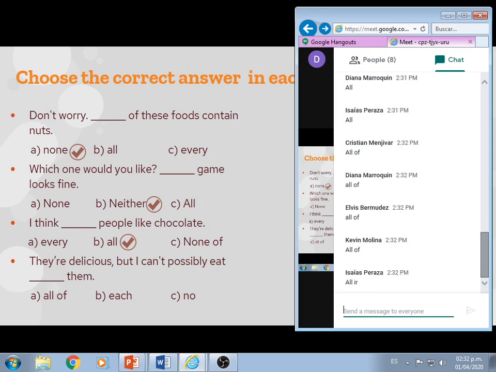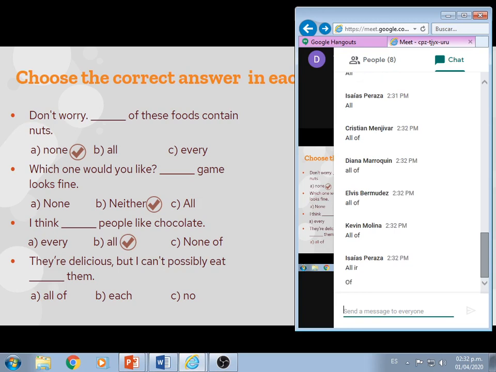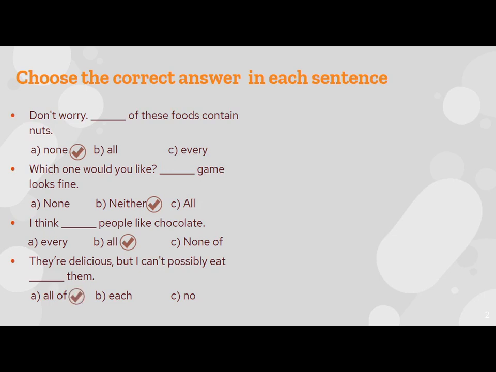So it's yes, Kevin, perfect. So Elise, yeah, the answer is all of. We cannot say each them, because we need to have a noun. In the case of no, we cannot have an object pronoun after no. We have to use them with all of them.